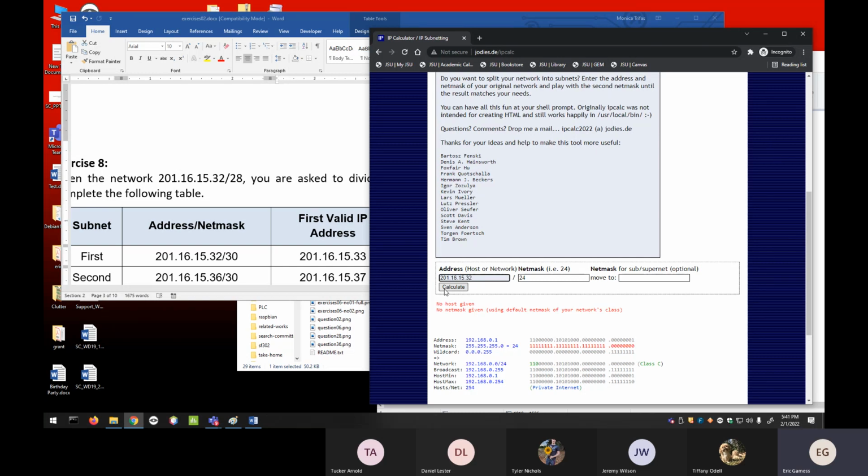201.16.15.32 is the original network, and the original mask is a /28. And we want to move to a /30. So let's do calculate.